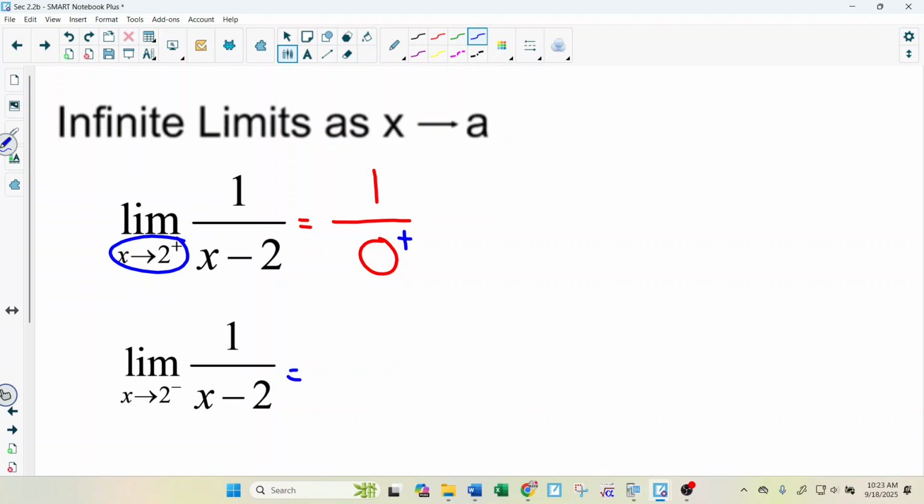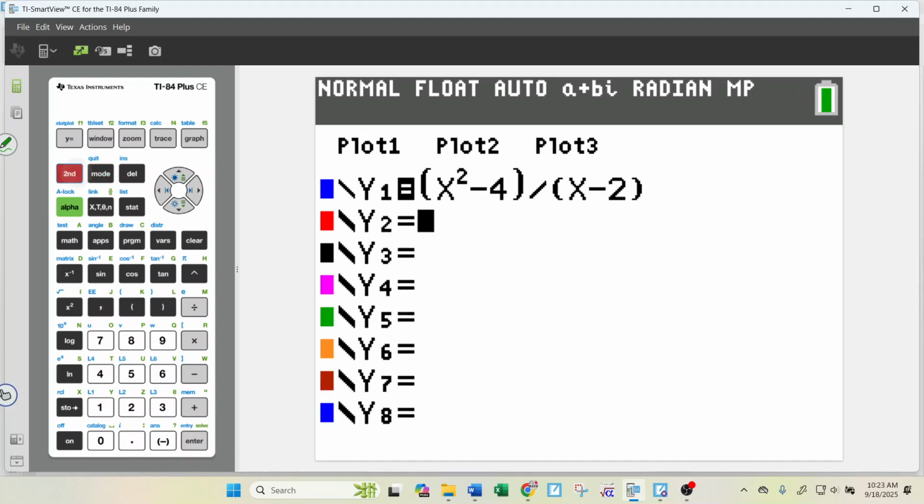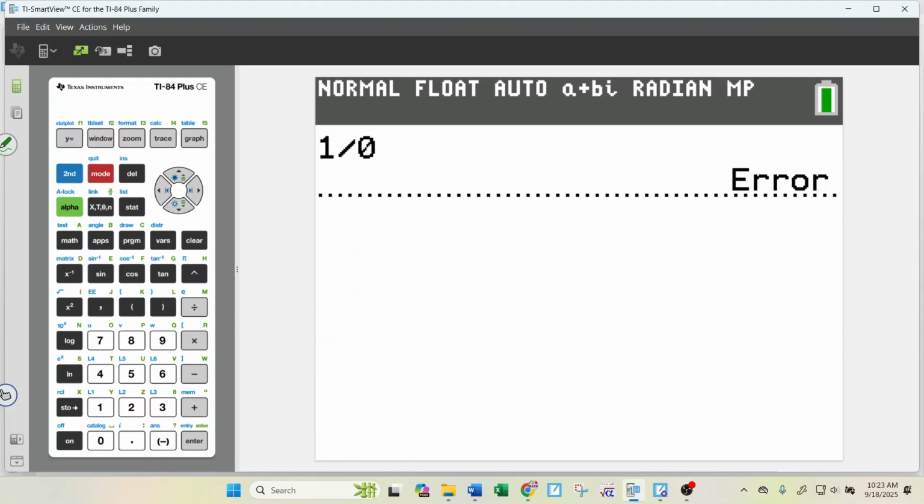Now, compare that down here. This is also 1 over 0. But down here, you're putting in numbers from the left: 1.9, 1.99, 1.9999999. When you subtract that from 2, it's getting close to 0, but it is a negative 0. Now, if we go back to our calculator, if you take 1 divided by a really small number, what do you get?